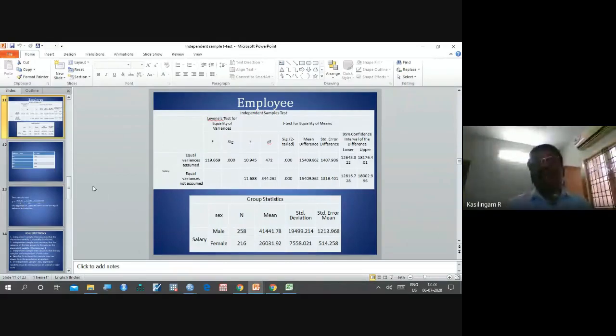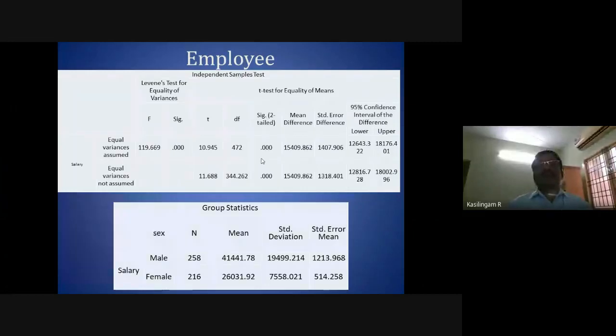This is the calculated t value. How is the t value coming?